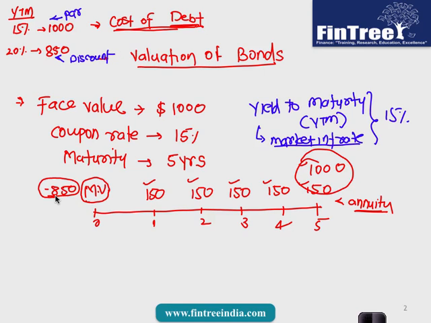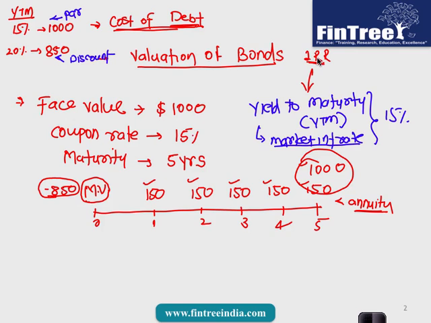Cash flow 2, 1150. Compute, press IRR and say compute. How much? 20%. Which means this YTM in bond valuation and IRR in capital budgeting are actually same concepts.